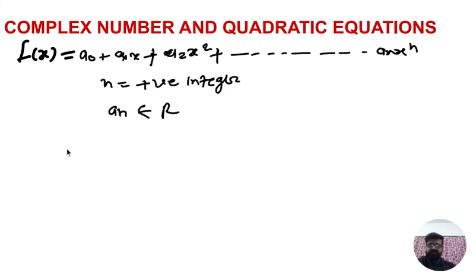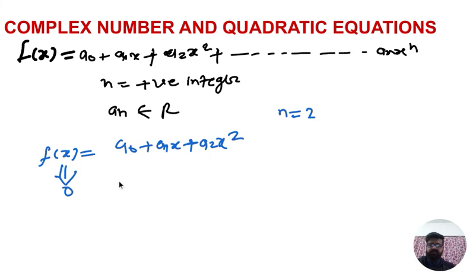If I take f(x) = a0 + a1x + a2x², where n equals 2, and the value of the function becomes 0, the equation will be a2x² + a1x + a0 = 0.